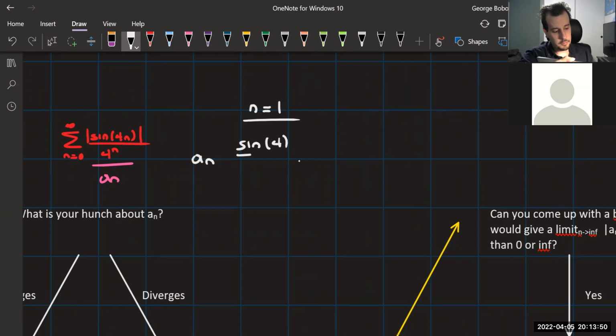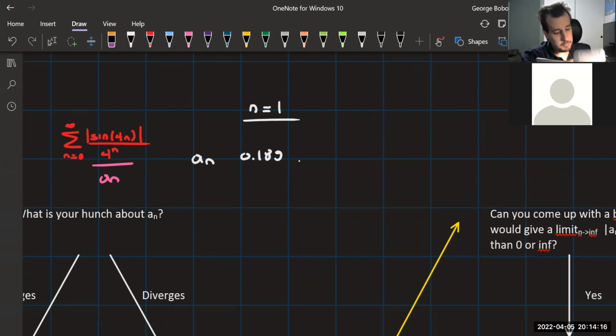Okay. I'll do that on the calculator real quick so that you know what it is. Again, we're in radians, so make sure you're in that. Sine 4 over 4, and the absolute value of that is 0.189. So that's n equals 1 right now.